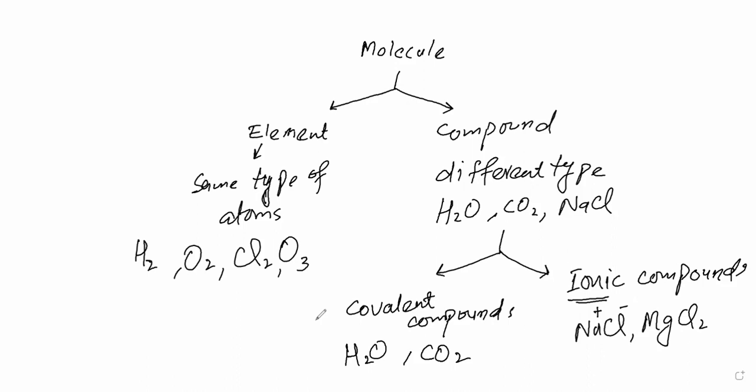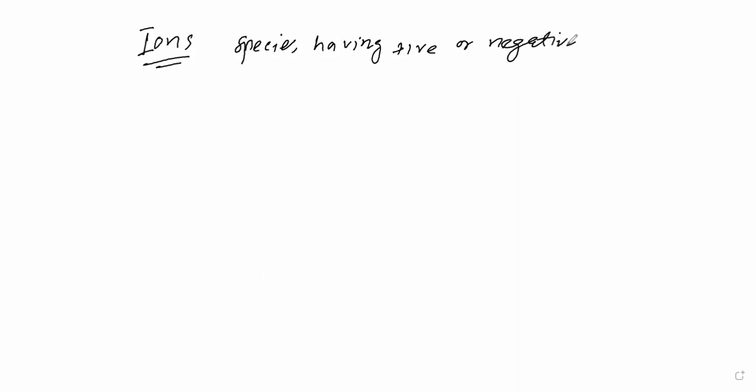So next we are going to have a quick revision, a quick overview on ions. What are ions? Any species having a positive or negative charge. So it has some types.